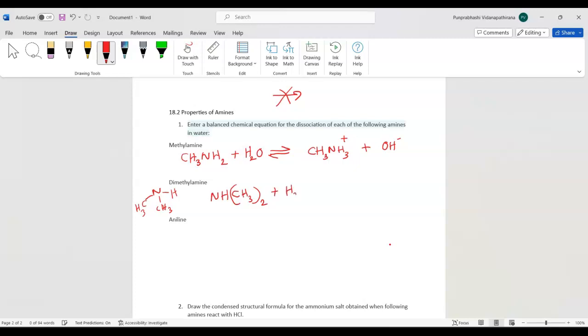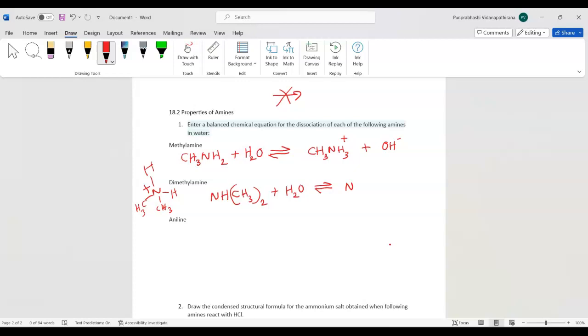So the reaction with water. After dissociating, it will form the ammonium ion. Now you need to just visualize how this reaction happens. A proton is abstracted by the nitrogen atom. So there will be 2 hydrogen atoms altogether, right? It will look like this with a positive charge.